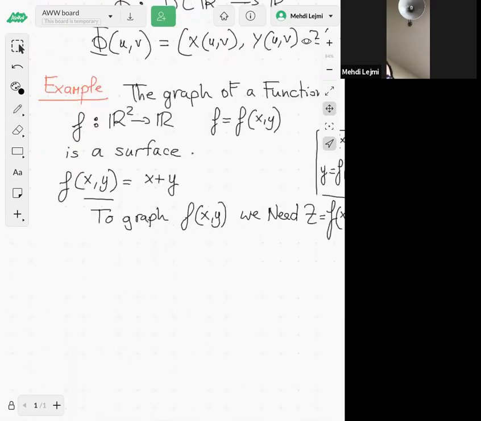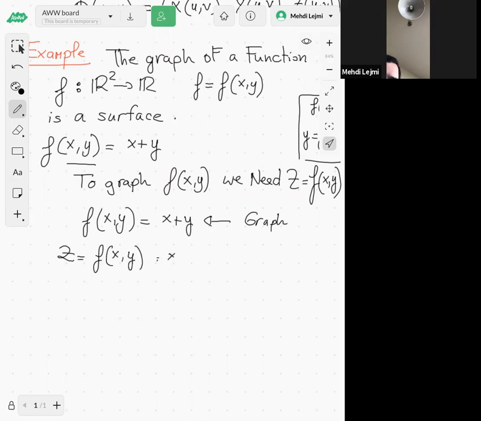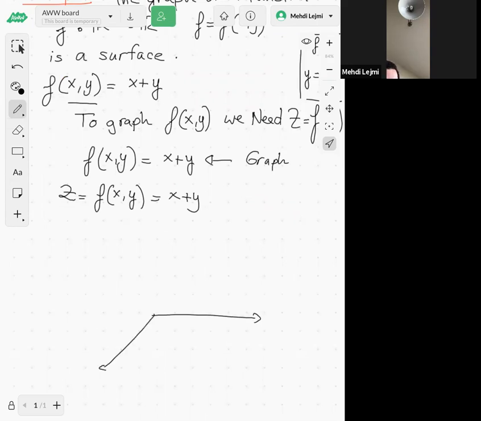In this example, f of xy is equal to x plus y, and I want to sketch the graph of this function. So z is equal to x plus y. And why do we obtain a surface? Because you have two axes here, x and y, and there's this third axis, the z, right?